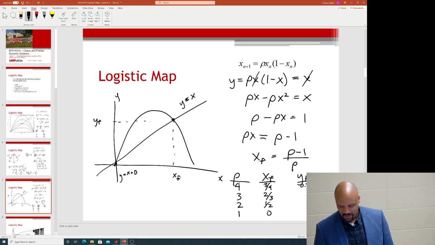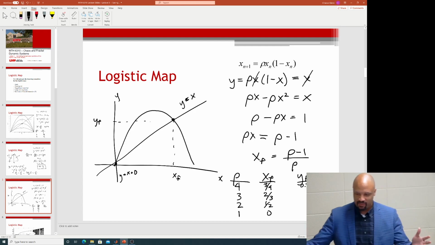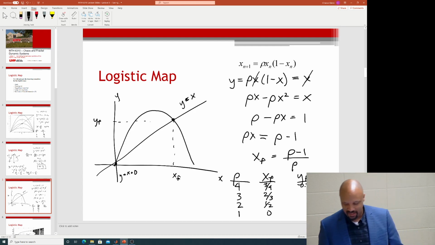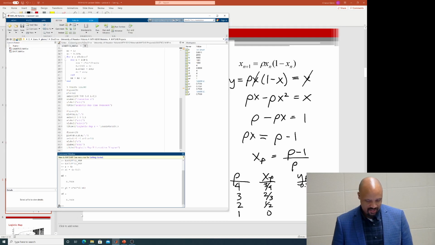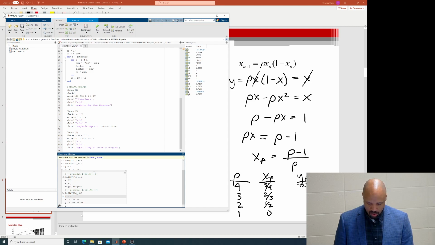Well, guess what? It should always be the same value because it is the fixed point, right? So that's what I didn't want to tell you. But it should always be the same, 3/4, because that is the point where they're equal. Okay? If we had been sitting in class, I'm sure one of you would have raised your hand and said that. But let's do it again just to prove to ourselves. So now I'm going to say r equals 3, and I'm going to do the same thing for that.